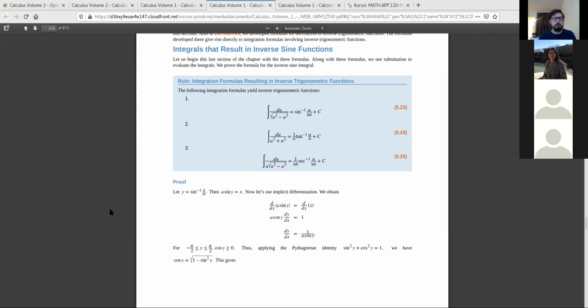I mean, if f of u of x is x, then the derivative of f of u of x must be 1, the derivative of x being 1. And now we can rewrite this as f prime of u of x times u prime of x equals 1, right? From which we get u prime of x is equal to 1 over f prime of u of x, right?